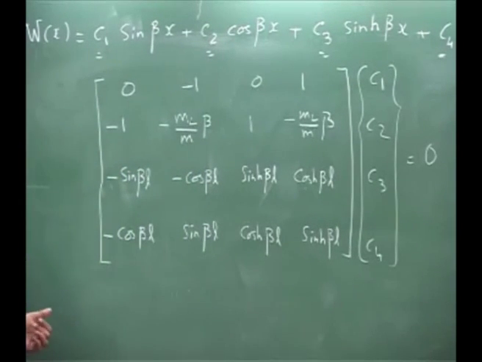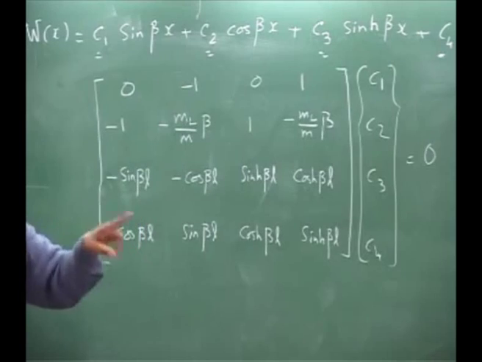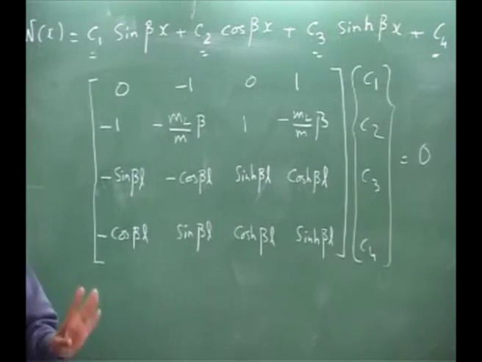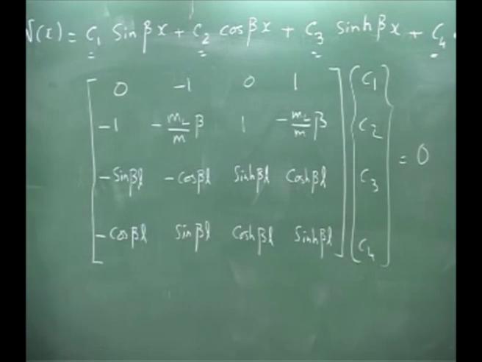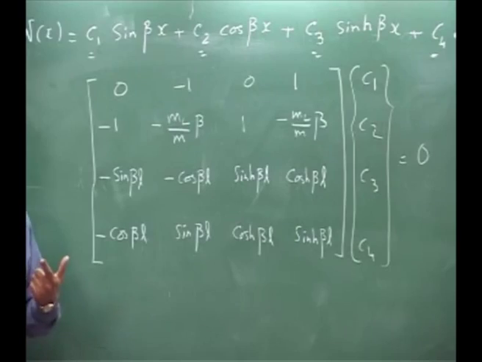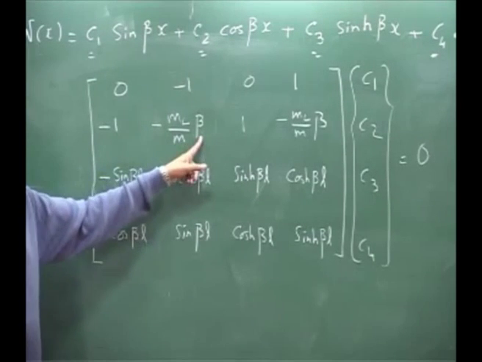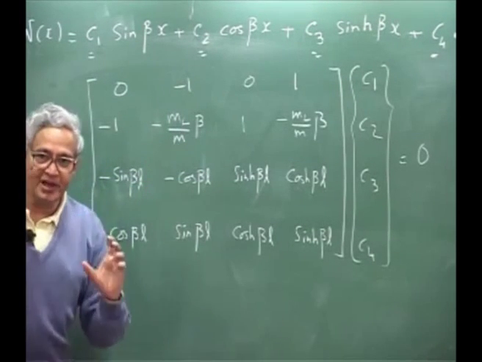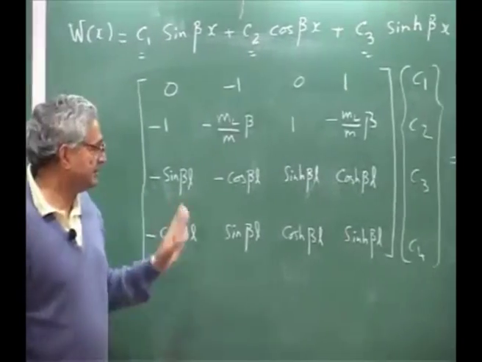And the determinant will be a bit lengthy; you have to do it numerically only. I will not be solving the entire thing. Once you set the determinant 0, the only unknown is beta. For what values of beta is the determinant 0?